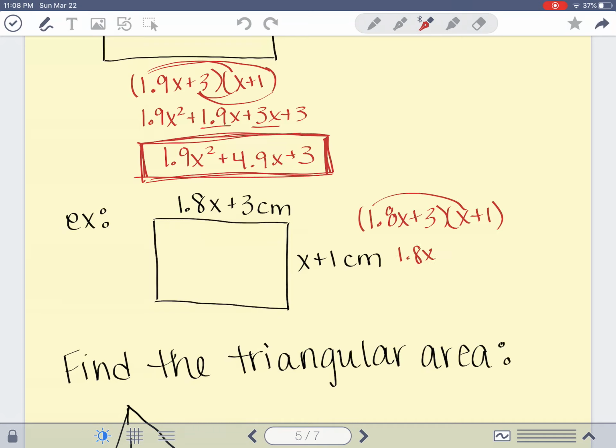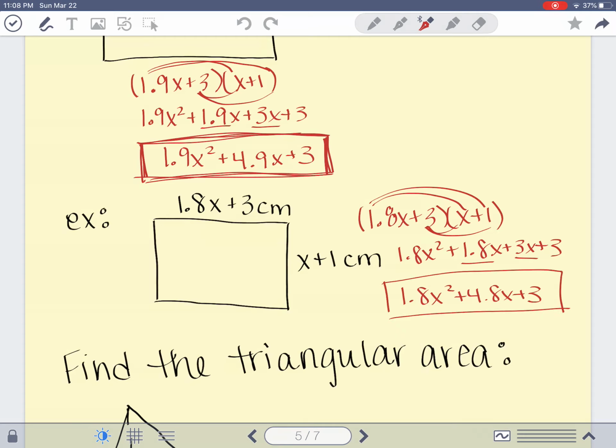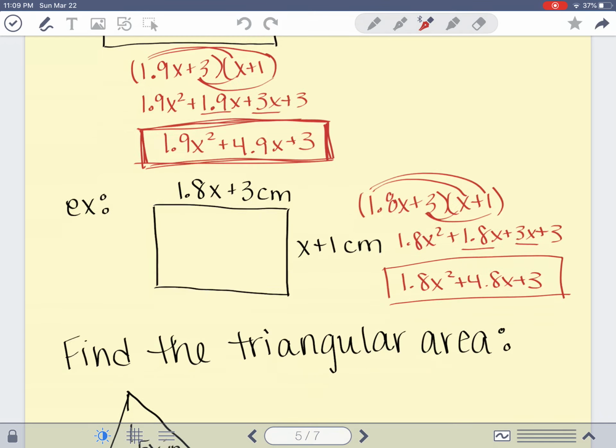So we have first, so 1.8x squared plus our outer, which is going to be 1.8x, plus our inner of 3x, plus our last of 3. Again, combine like terms, and the area of this rectangle can be shown as 1.8x squared plus 4.8x plus 3. And that would be your answer.